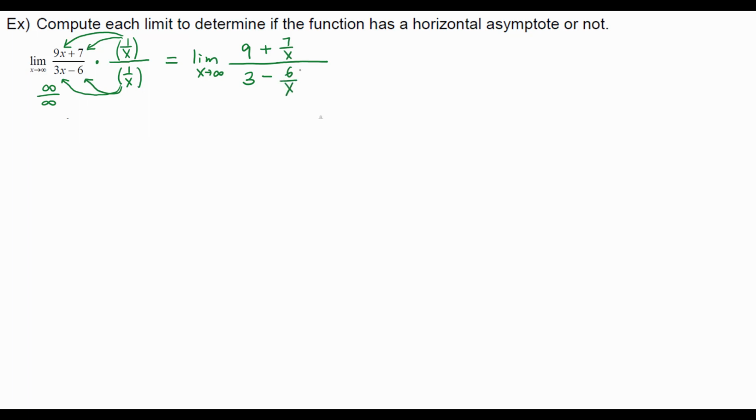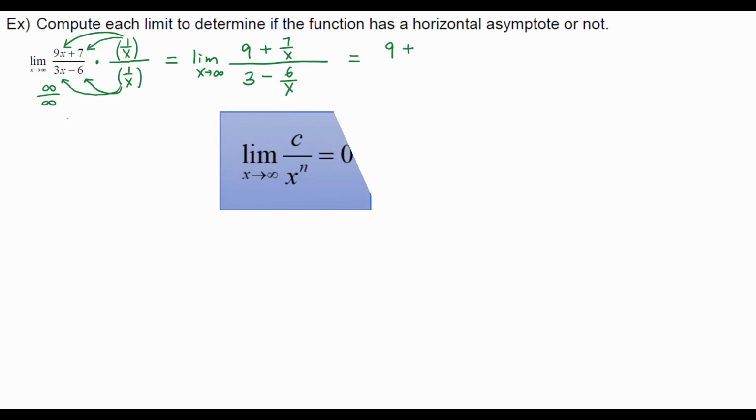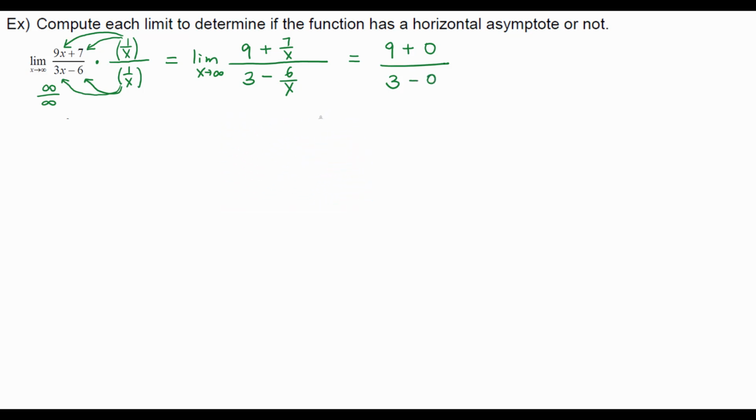You can set the limit as x approaches infinity to each term, which results in the limit of 9 is 9, the limit of 7 over x as x approaches infinity is 0, the limit of 3 is 3, and the limit of negative 6 over x as x approaches infinity is 0. So you're going to get 9 over 3, which is 3.